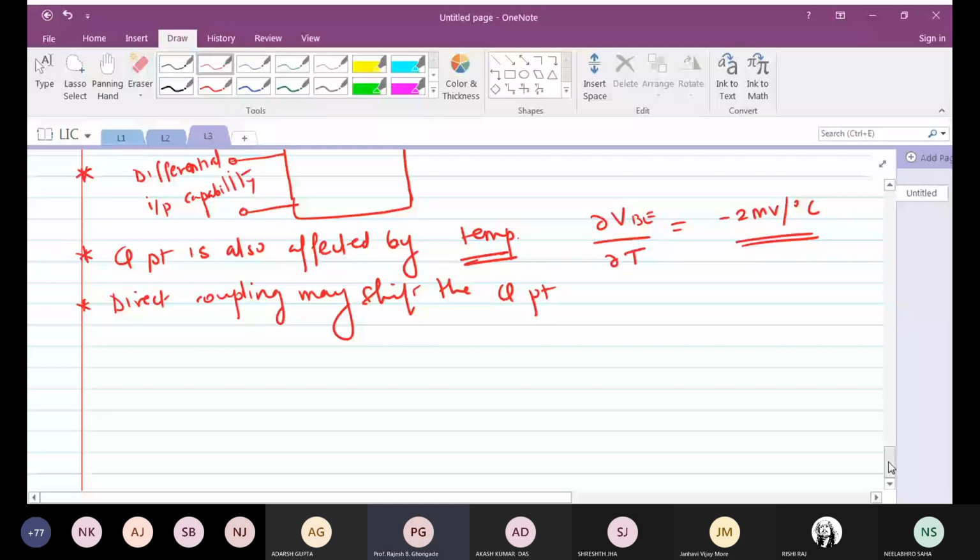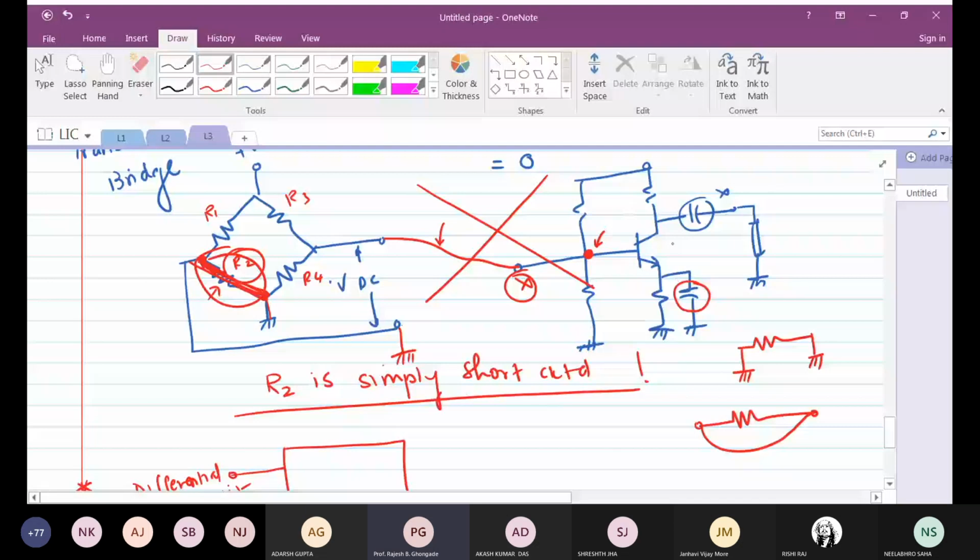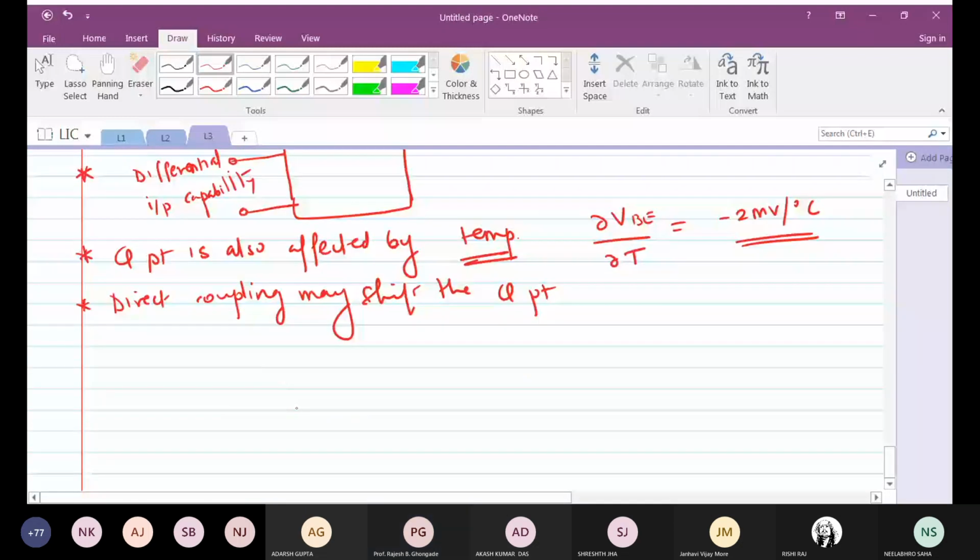And there is one more thing. What is that? We require these capacitors, no? Specifically this bypass capacitor. So a large bypass capacitor is required. And when we want to make an integrated circuit, such a kind of capacitor is not practicable for us to implement there.